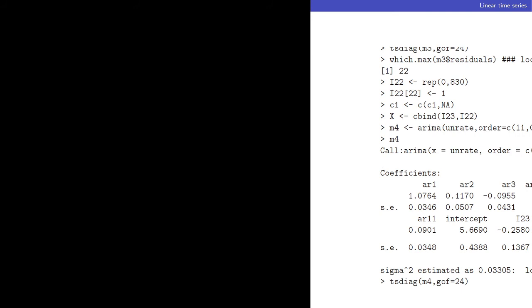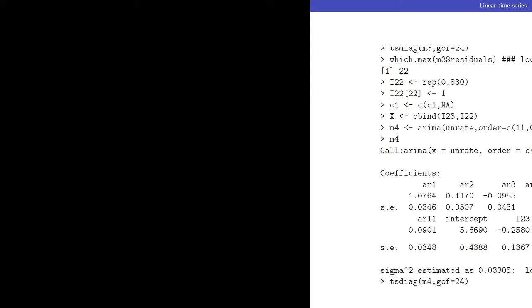And now we're going to find the variable with maximum residuals, and we're going to merge it with the one we have fixed this way. So we rebuild the model again, and what we see is logarithmic likelihood gets higher, Akaike information criterion gets much higher, but variance is shrinking.